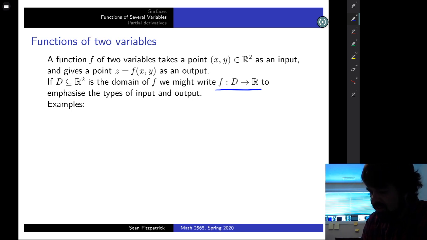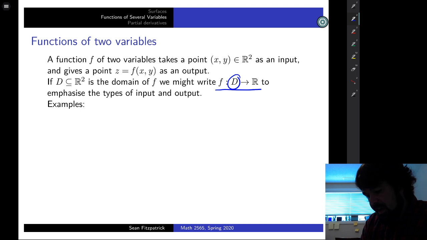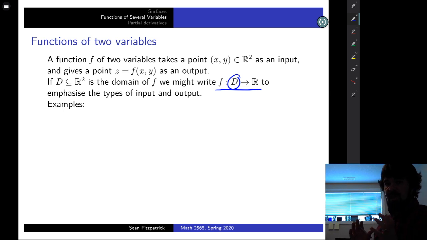A function takes inputs from one set, the domain, and gives you outputs. So it doesn't matter whether you're talking about a function of one variable, two variables, three variables, whatever. The number of variables is just saying what the dimension of the domain is. How many variables do you need to describe points in the domain? But a function is a function is a function. There's an input and there's an output.